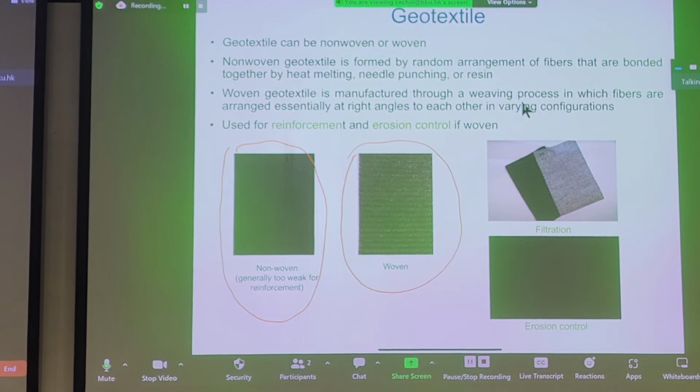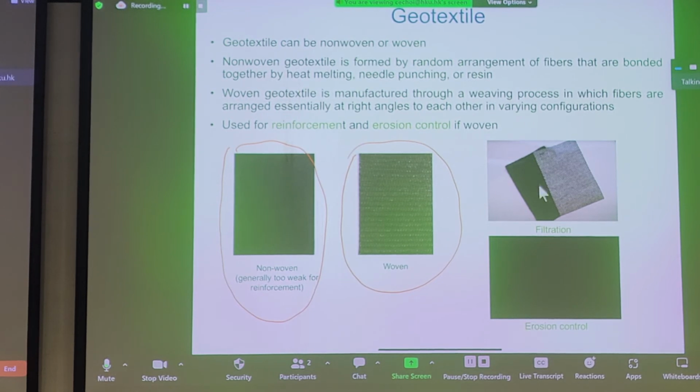So you have two types, and the point of the geotextile is also for reinforcement. If you pull your shirt, your fabric, you have quite a bit of tensile resistance compared to soil on its own. So you can also line soil with geotextiles to increase shear resistance in the soil. We can also use geotextiles for filtration if we know the size of the openings, for a woven geotextile, for example.